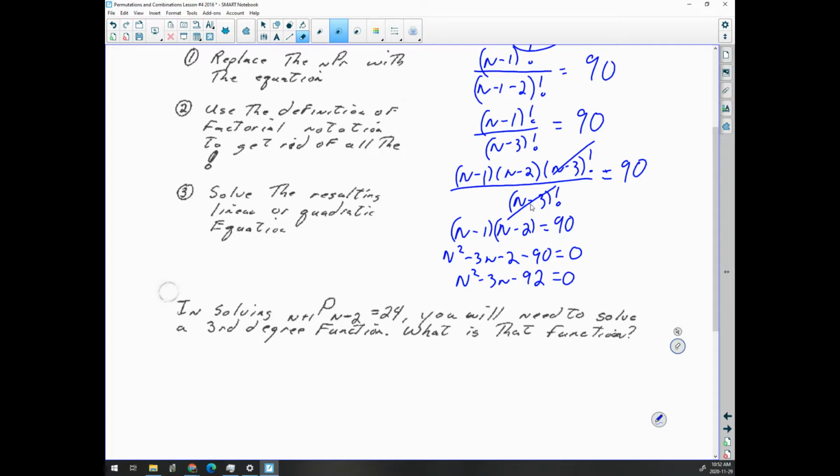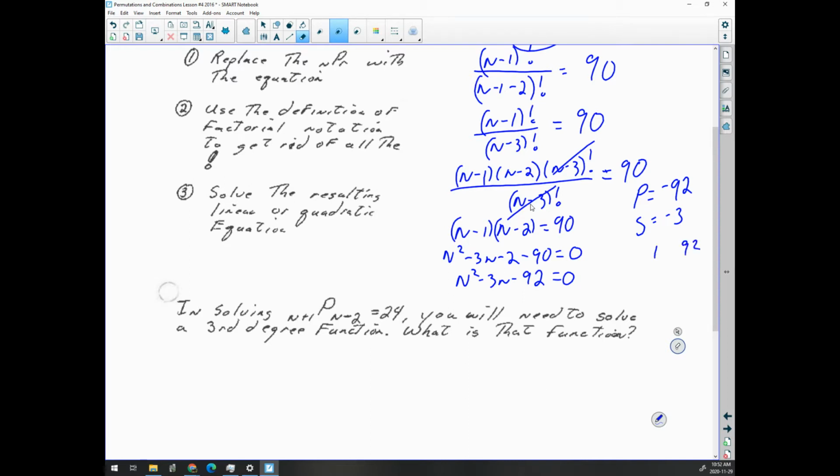And then we would factor that. N squared minus 3n minus 92. This is where I don't think it's factorable. Numbers that multiply to negative 92 and add to 3.